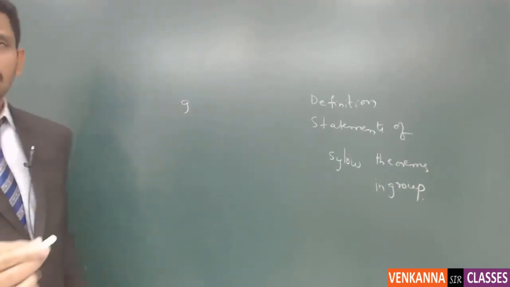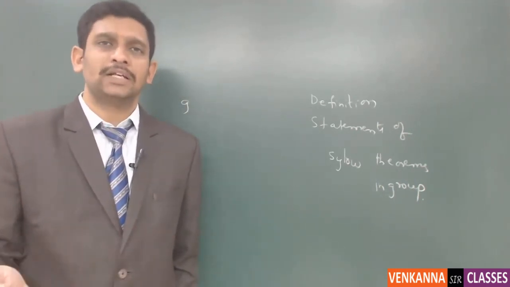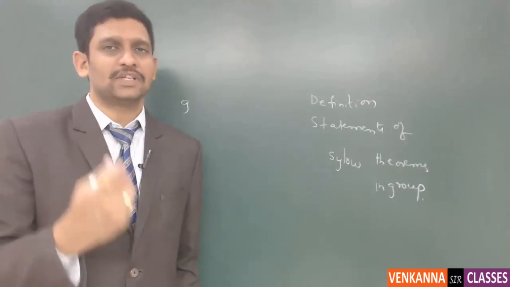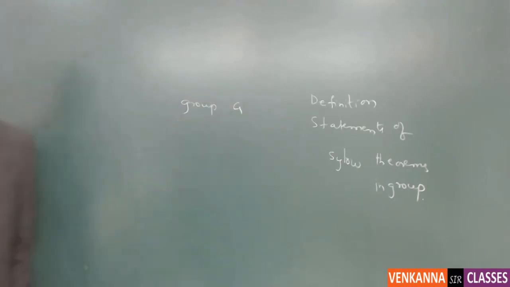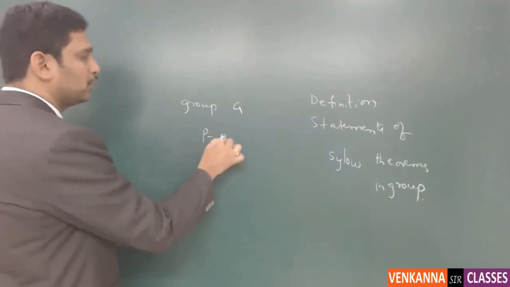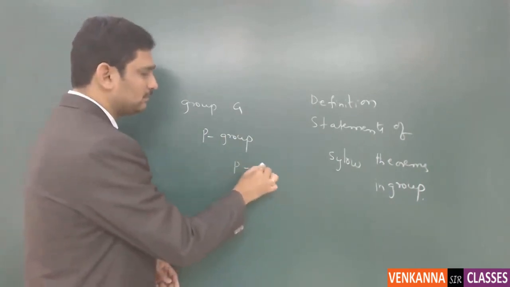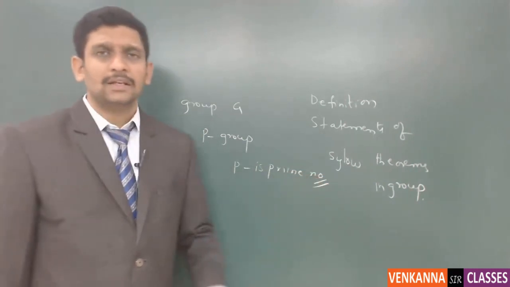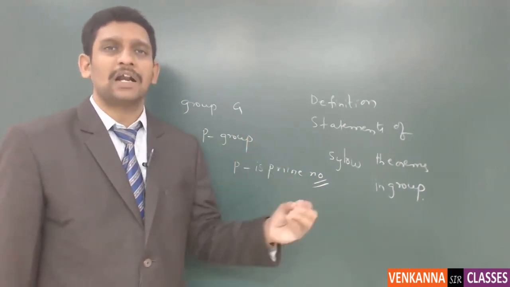I think everyone knows that a group means a set having a binary operation on it satisfying 4 properties: closure, associative, identity, inverse. So if you take a group G, we call this group a p-group, where p is a prime number, if each and every element in the group has order p power r.